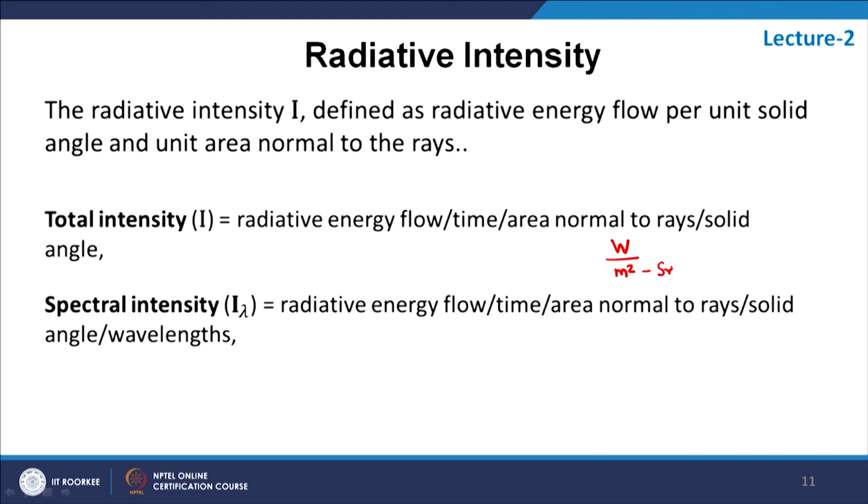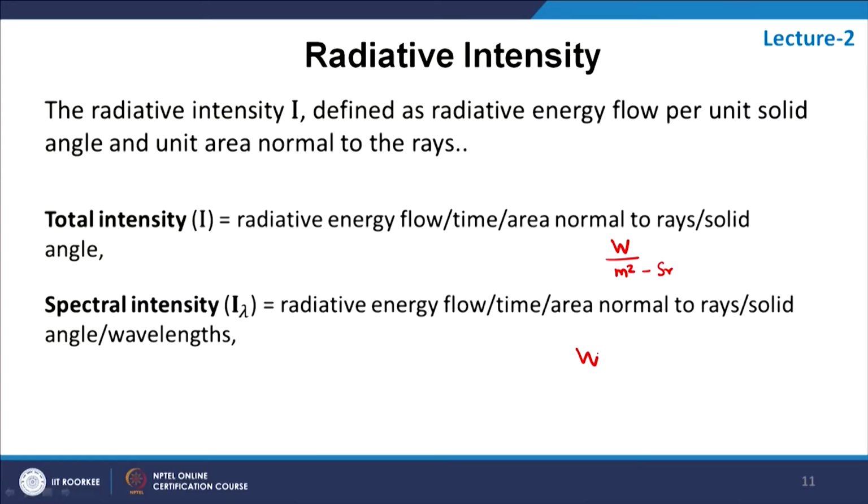So, intensity will have units watt per meter square per steradian. We also define spectral intensity, just like we defined spectral emissive power. Spectral intensity is radiative energy emitted in a given solid angle per unit area in a given wavelength. So, the units will be watt per meter square steradian angstrom, where angstrom is the unit for wavelength.